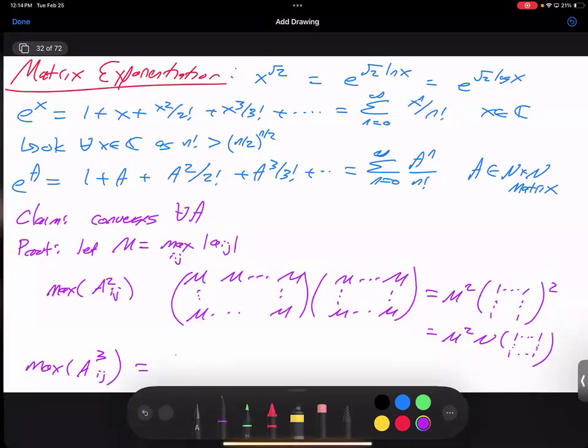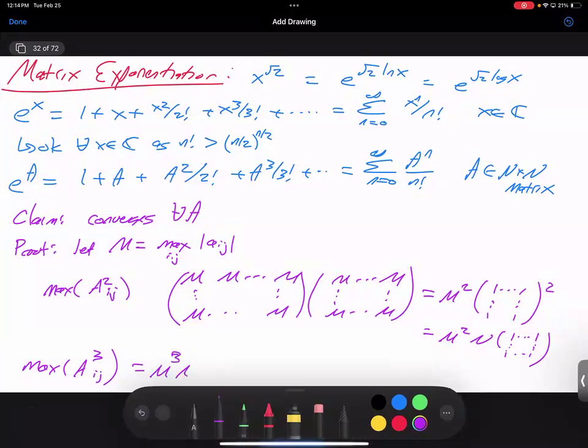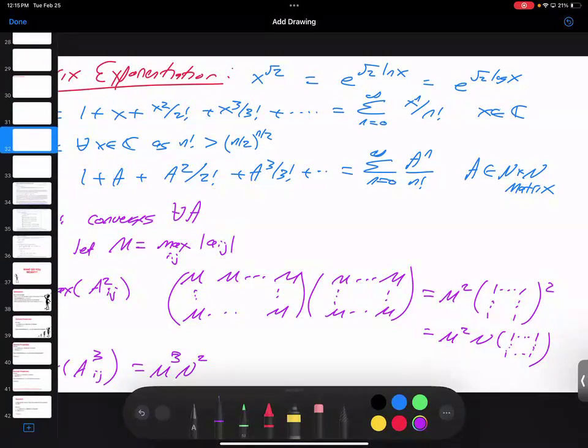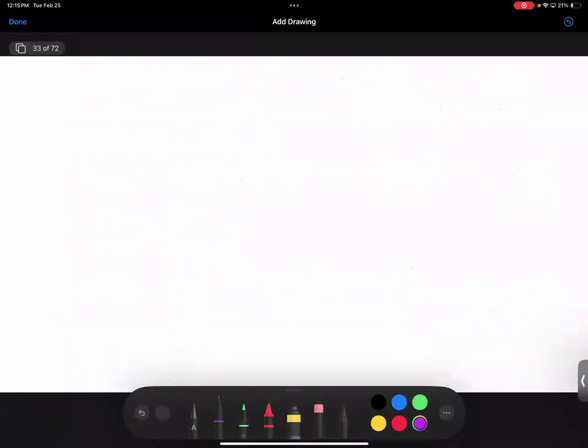That would be M cubed times n squared. So if I gave you the maximum of A to the n, that should be less than or equal to M to the n times n to the n minus 1.